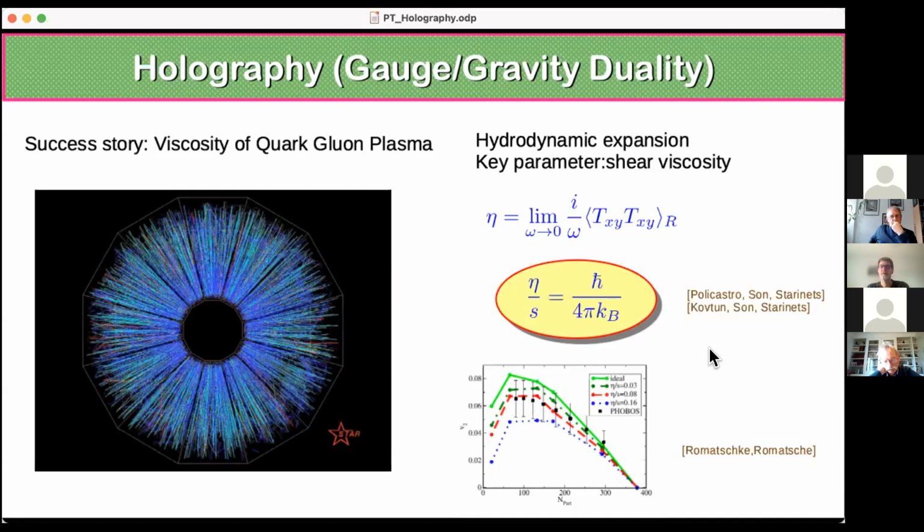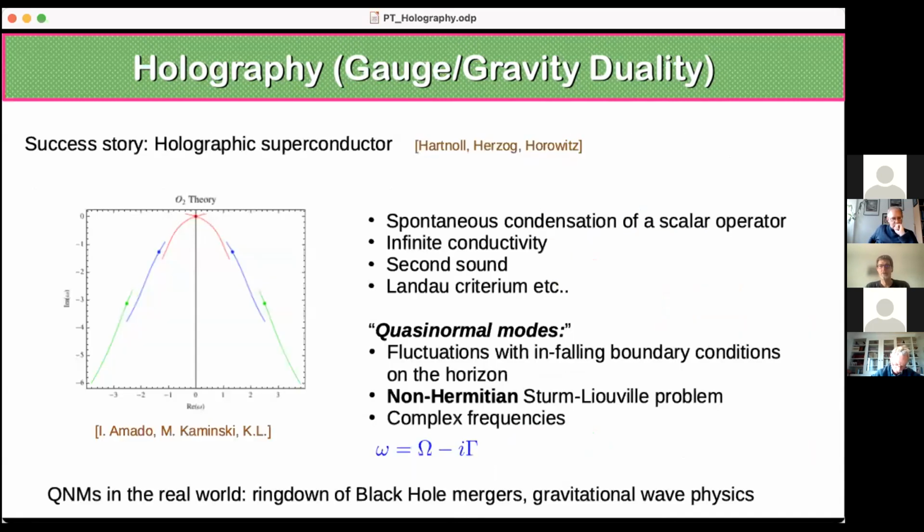So that was quite surprising, that the nuclear physicists liked this holographic, string theory inspired calculation and took it very seriously, and it's still one of the best examples where holography really had input on real physics. But you can ask other things.